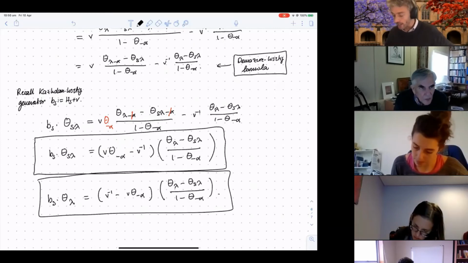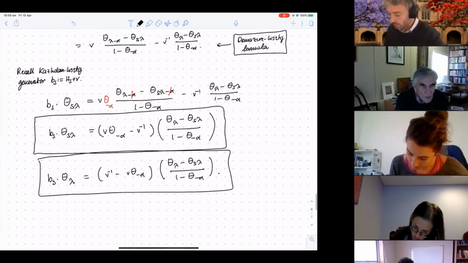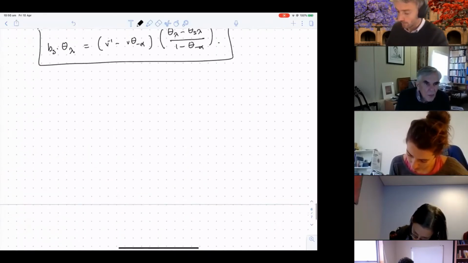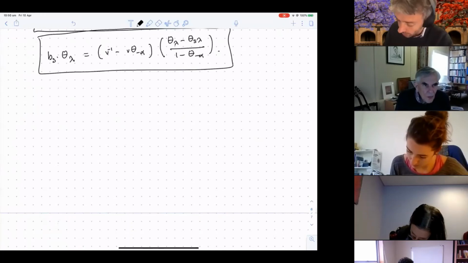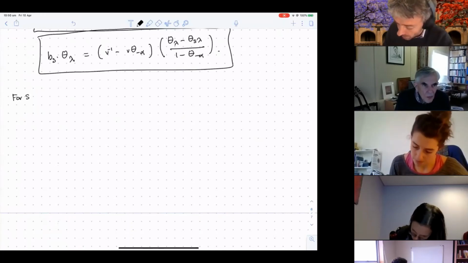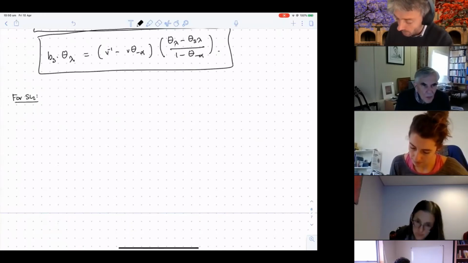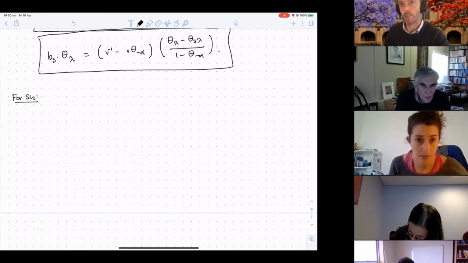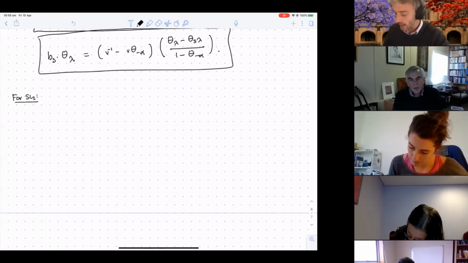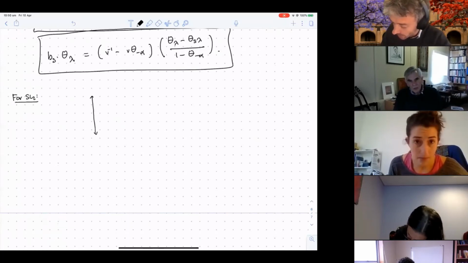Okay, so let's try to imagine this for SL2. And now I want to take a slightly different picture of the Steinberg variety. So I want to imagine that this is T star P1.